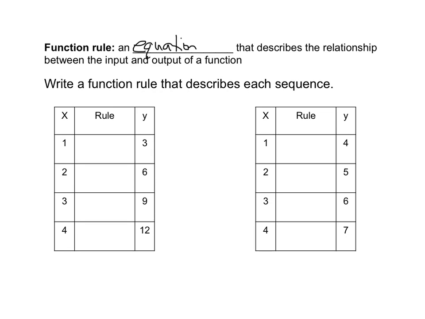So let's look at our first example. With 1, we could say 1 plus 2 is 3. But if we did that, we'd have to check, is 2 plus 2 equal to 6? It's not. So we know that plus 2 is not our rule. So what's something else that we can do to 1 that we would get 3?